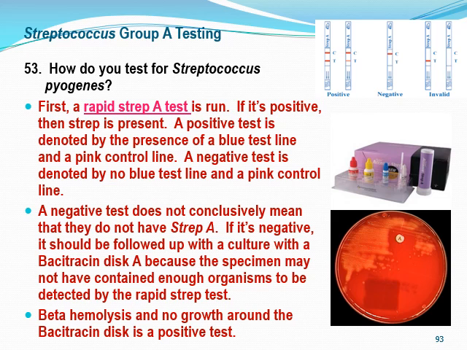Bacitracin group A test. And you notice how in that picture, the beta hemolysis is on the left side, but not present around the little disc, right? The absence of bacterial growth around that disc is a positive test for strep A, for group A strep, okay? So the bacterial growth on the right shows no beta hemolysis and is not inhibited by the disc.